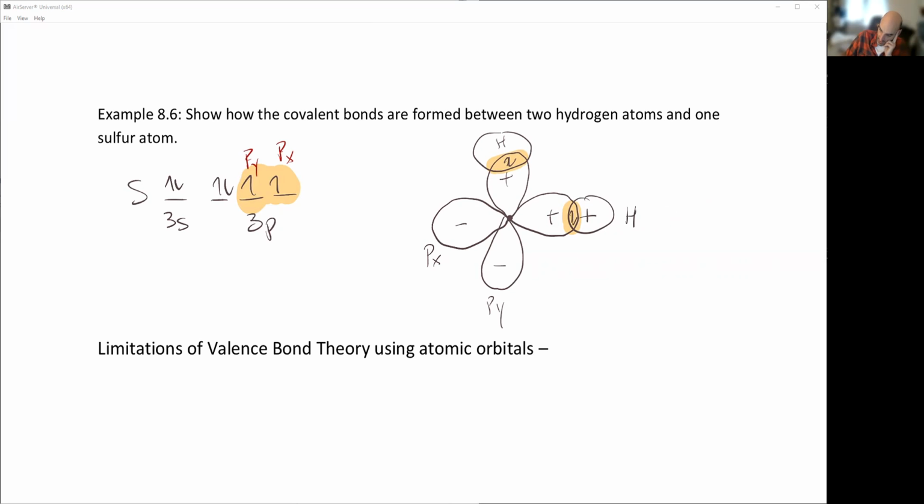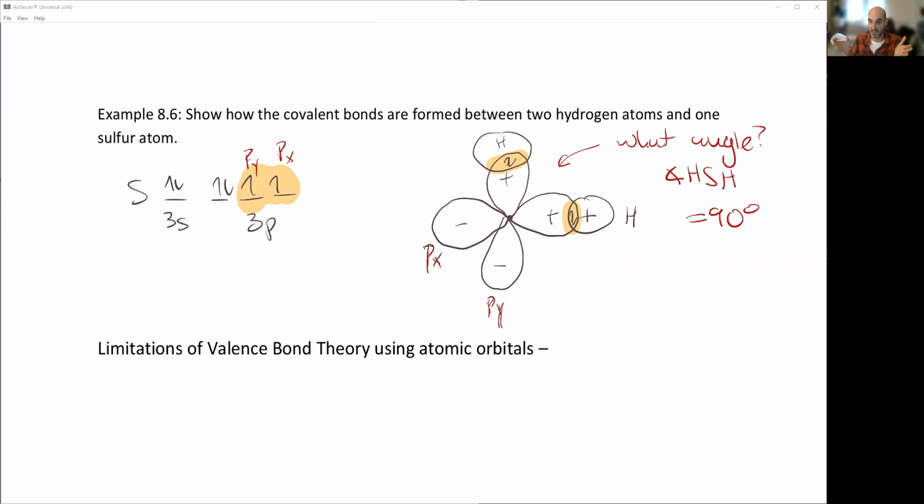So my question again is, if this is the py and this is the px, and we bond it this way using VB theory, what is the angle I'm expecting for that HSH? Well, it's actually going to be 90 degrees, right? Because those are perpendicular to one another.